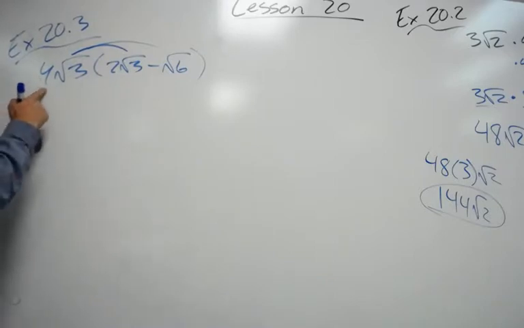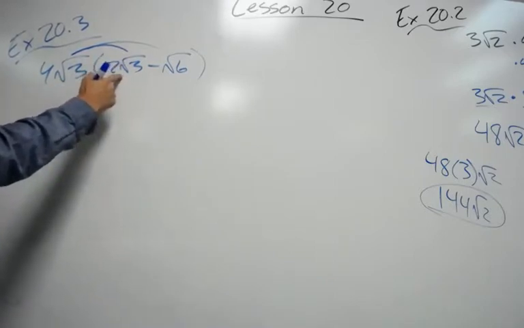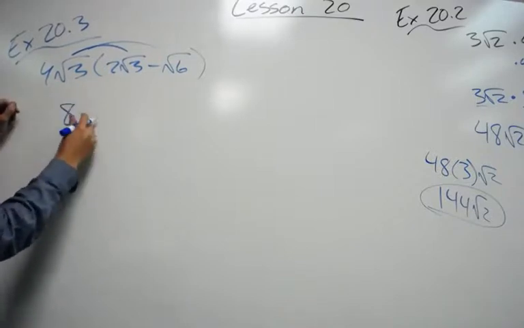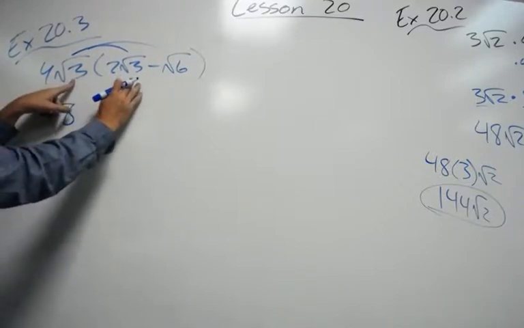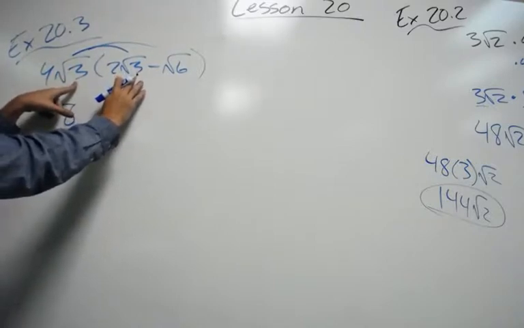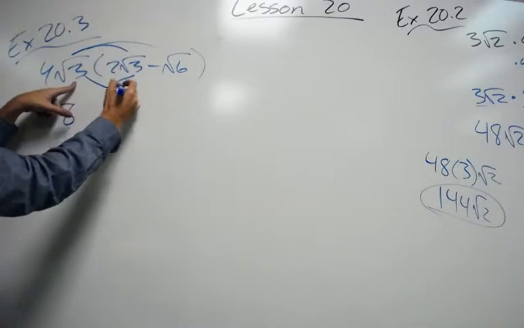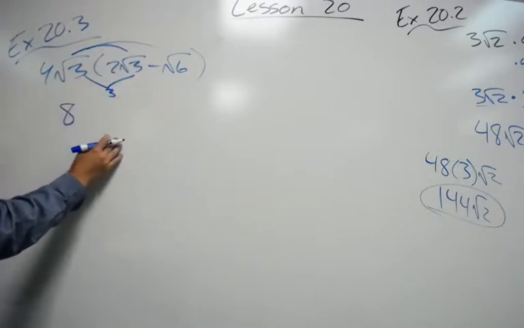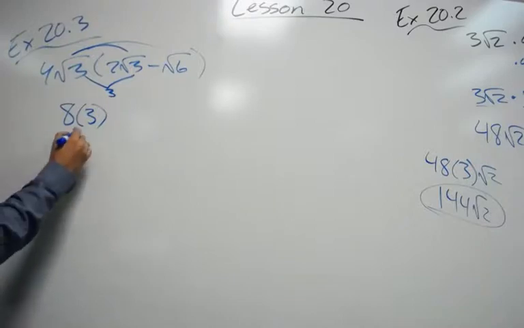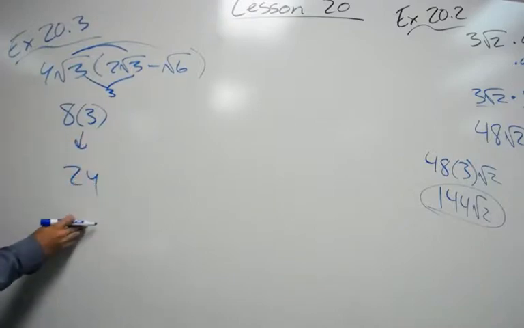So 4 radical 3 times 2 radical 3, multiply the whole numbers, 4 times 2, 8. Multiply your radicals. Radical 3 times radical 3, we know that that is just a 3. So therefore 8 times 3, 24.